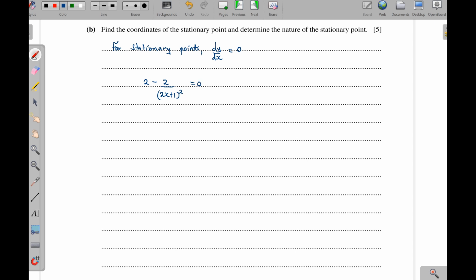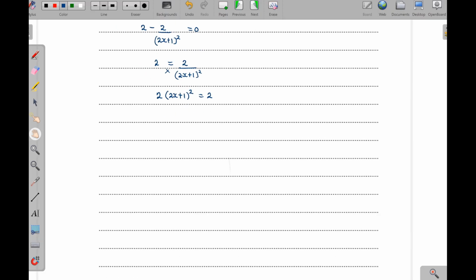That means I will have 2 equal to 2 over (2x plus 1) squared. Then we can cross multiply. We have 2 into (2x plus 1) squared, which is equal to 2. Divide all through by 2.